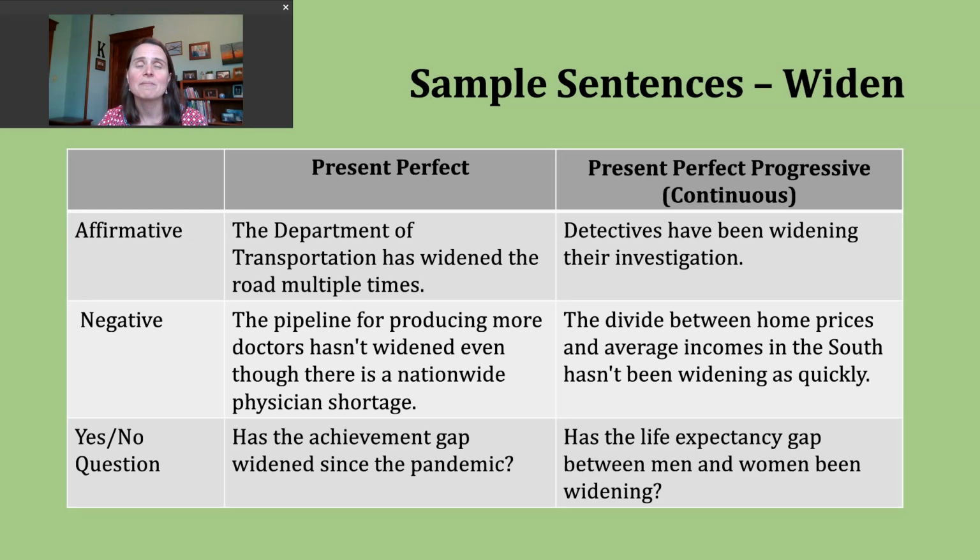Let's talk a little bit about how we make sentences in the present perfect. To start with the affirmative, we are going to have two parts to our verb. So again, you can see present perfect, two P's, think two parts to my verb.